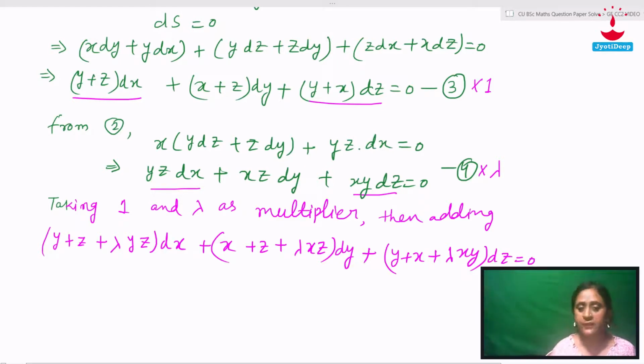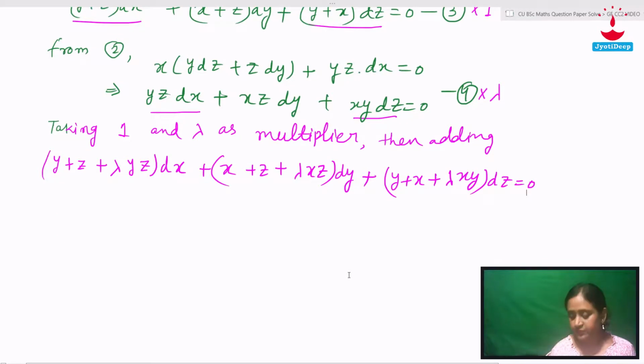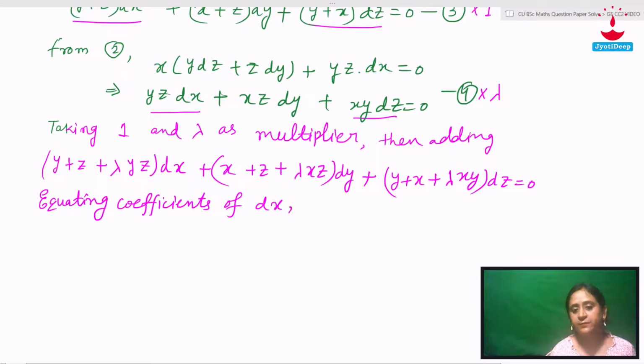Okay. Now equating coefficients of dx, dy, dz to 0.